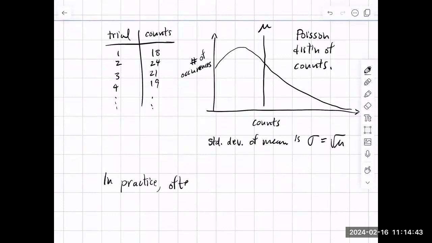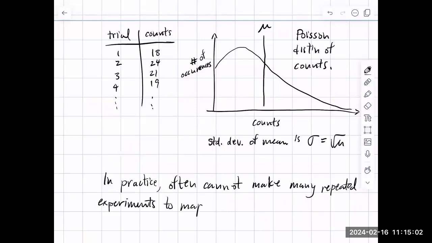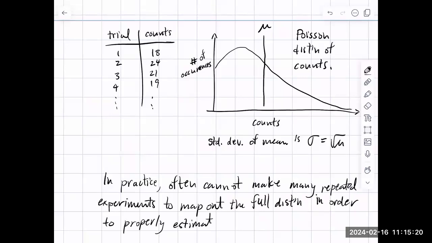Okay, so in practice, we often cannot make many repeated experiments to map out the full distribution in order to properly estimate mu.